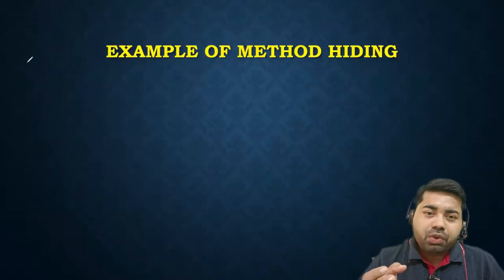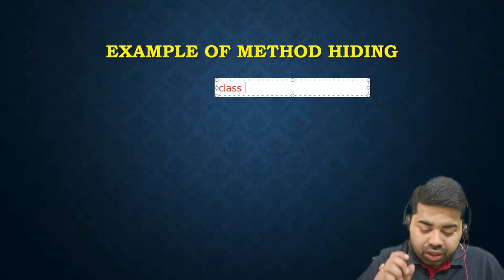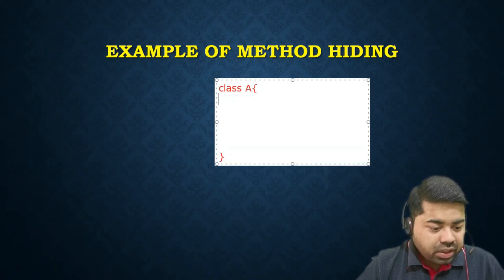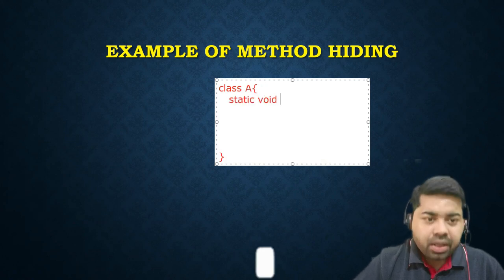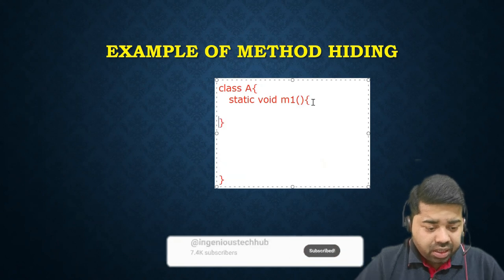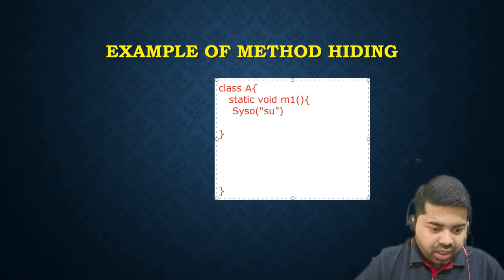How to execute method hiding? Method hiding will execute based on what type of class reference variable we have. Let me give you one example so you will get more clarity. Suppose we have a class A, and I'm going to create one static method m1, and here I'm writing System.out.println with the text A m1.